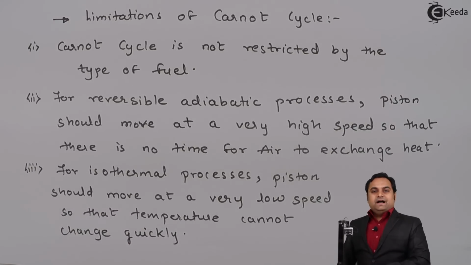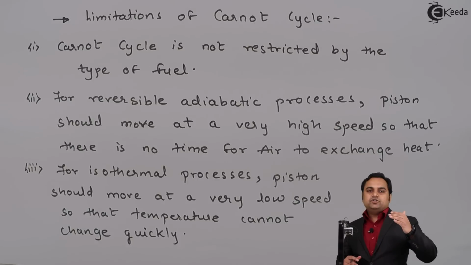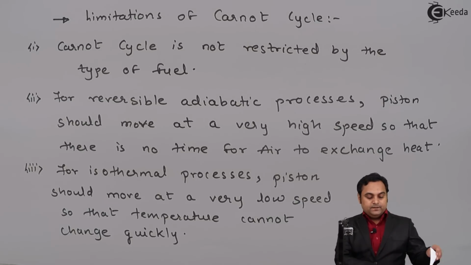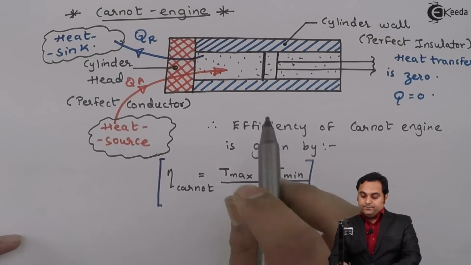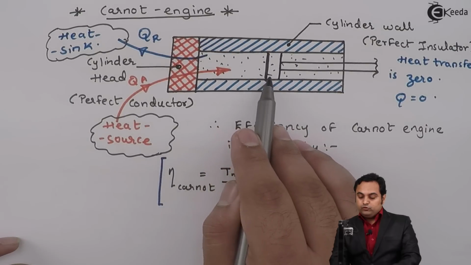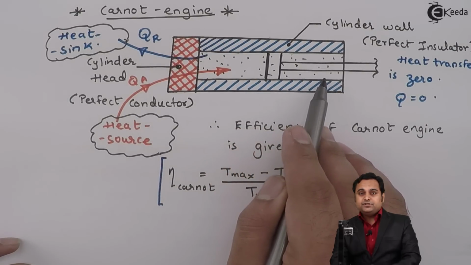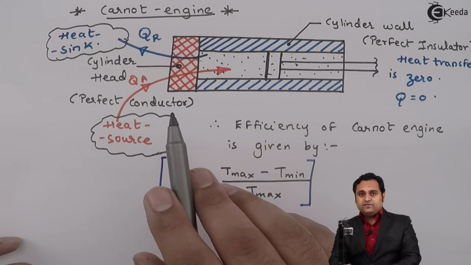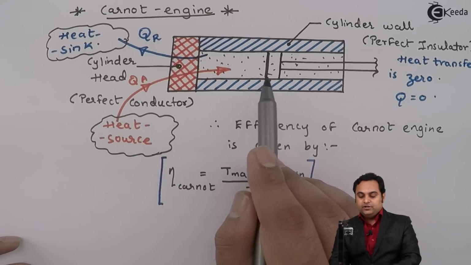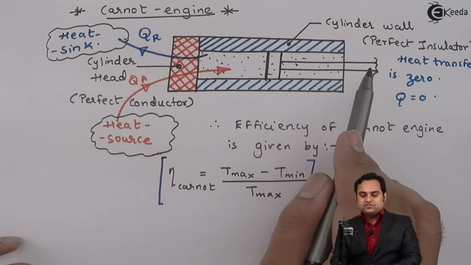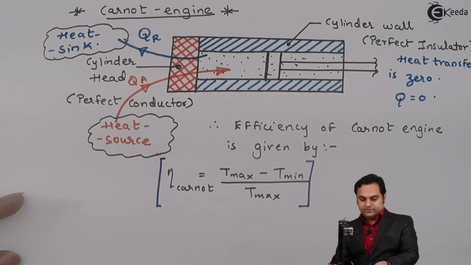So during the isothermal processes, the piston should move really slowly so that there is no sudden change in temperature. And previously we have seen that for isentropic compression and expansion, the piston should move really fast so that there is no heat transfer.